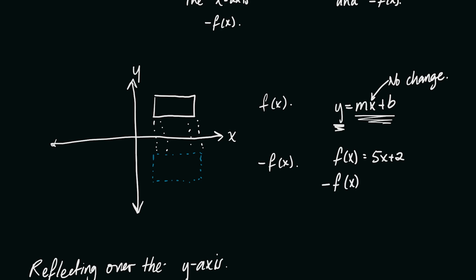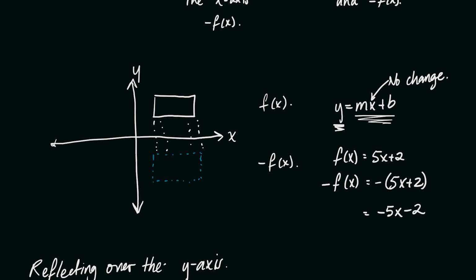So it'd be negative f of x instead of f of negative x. Now, since we're taking the negative of the whole entire function, we have to distribute the negative symbol to all of the terms inside of the function. In this case, we only have two terms. So negative, and remember the parentheses, 5x plus 2, right? And at the end, that'll just equal negative 5x minus 2.